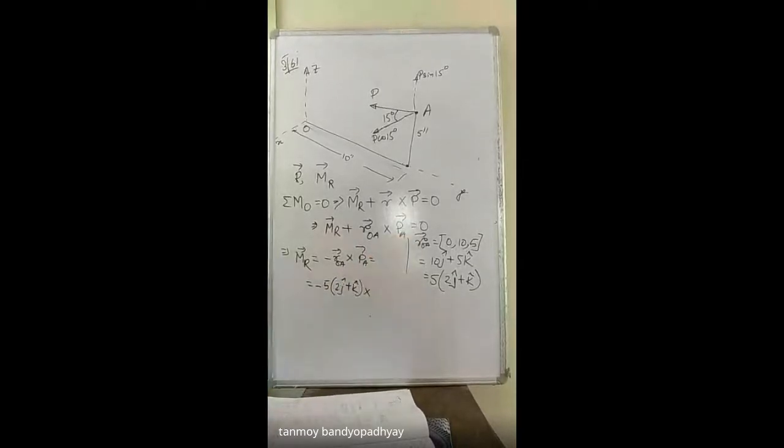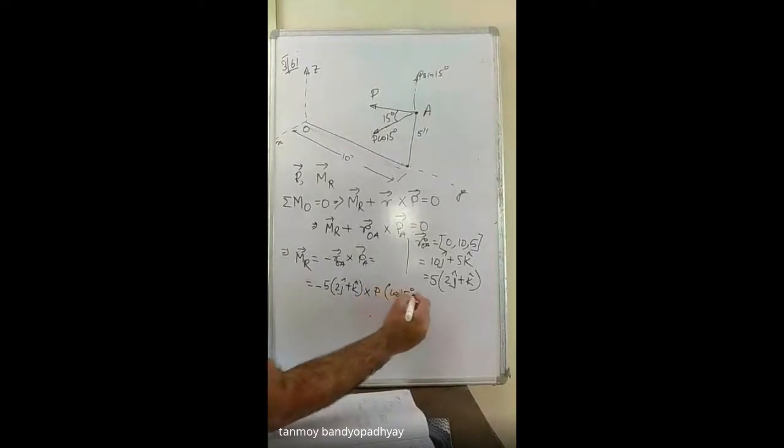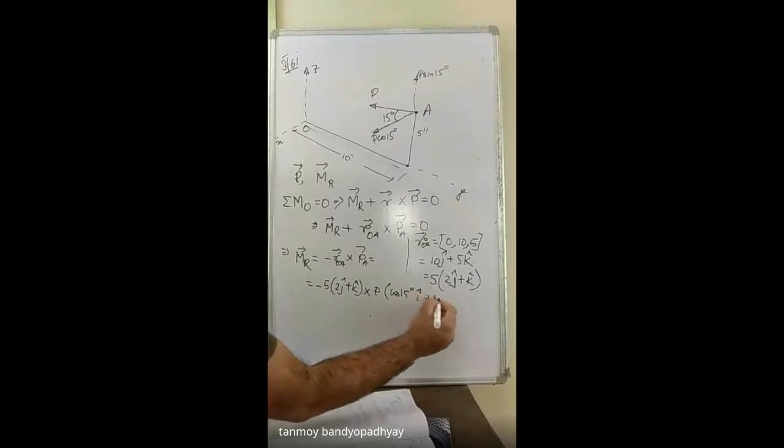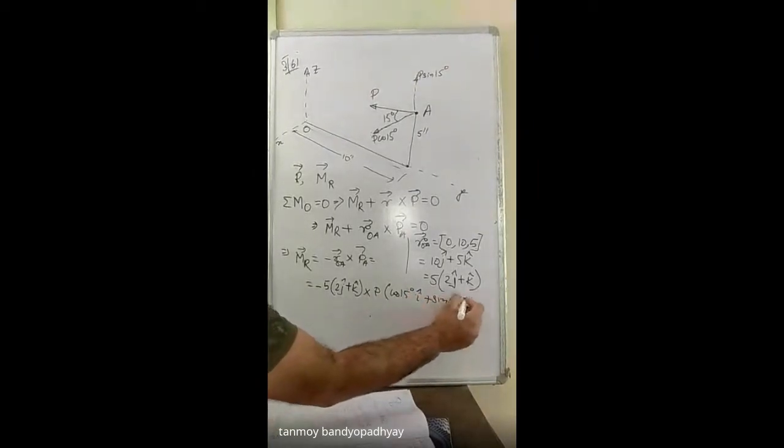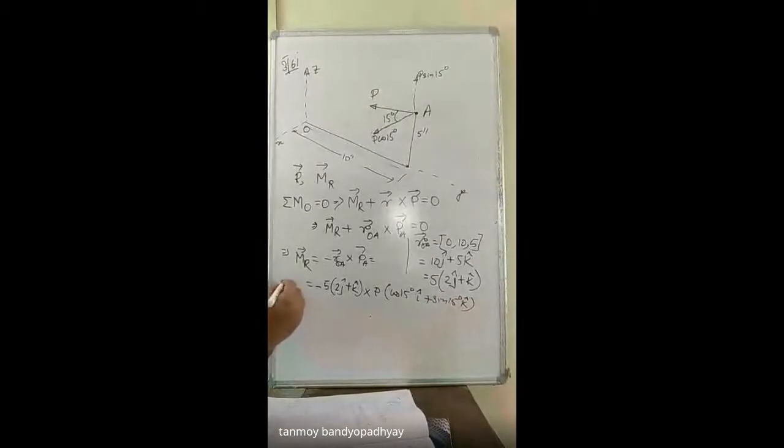PA is the force vector we have already written, that is P into (cos 15 i cap plus sin 15 k cap). So this is the M_R vector which we need to calculate. Just do it by yourself. So minus 5P, where P is 40.